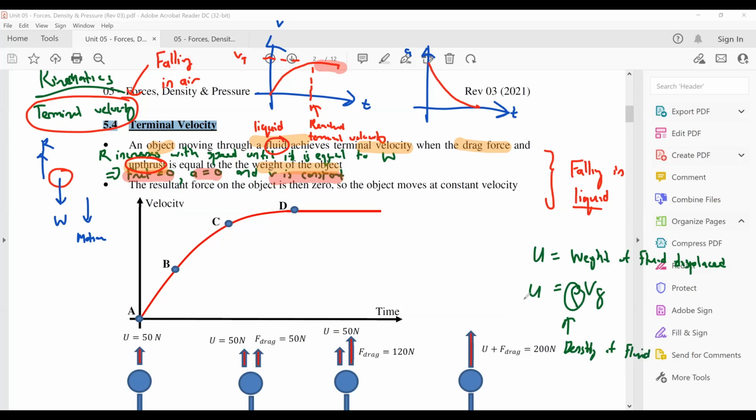You can see from here that upthrust is proportional to density. The higher your density, the higher your upthrust.